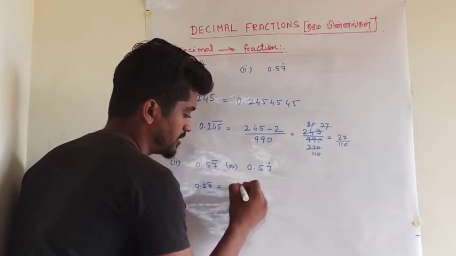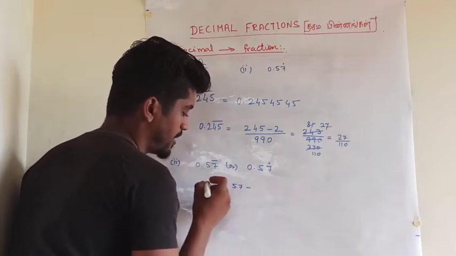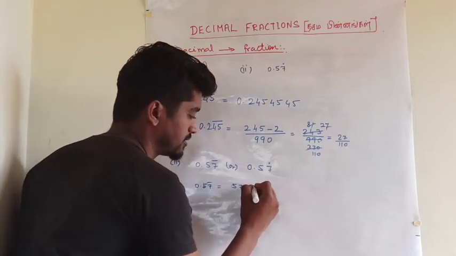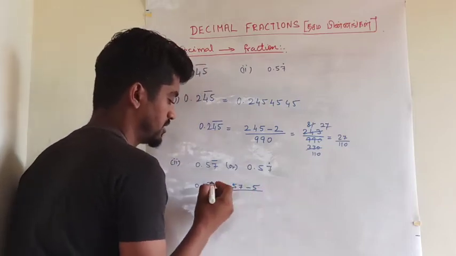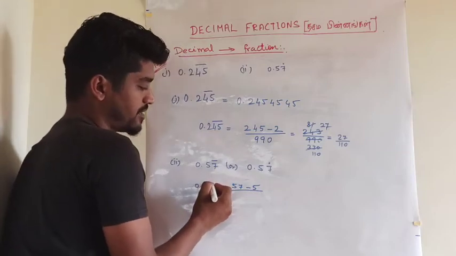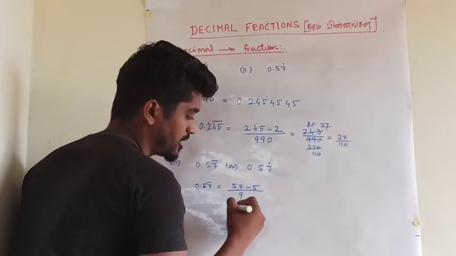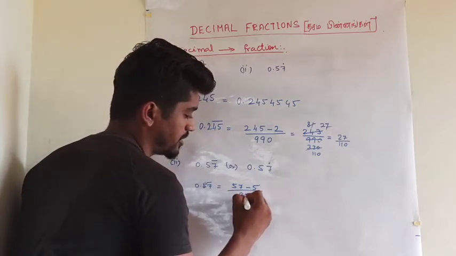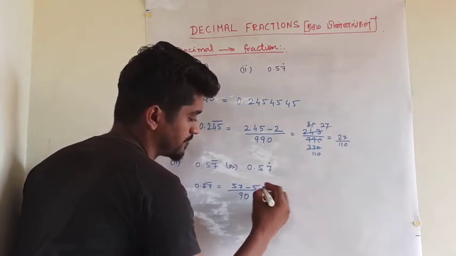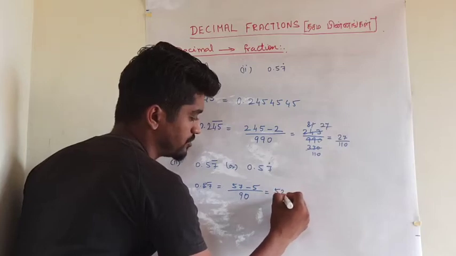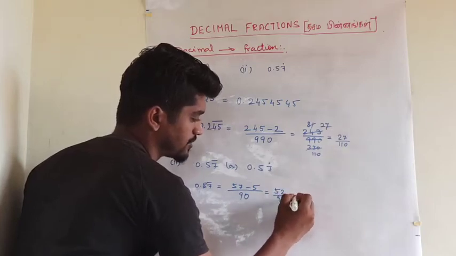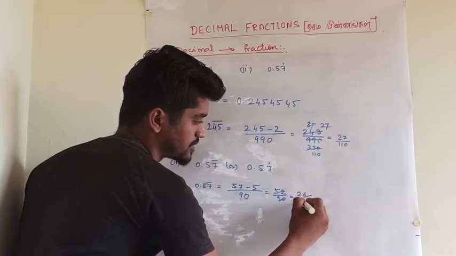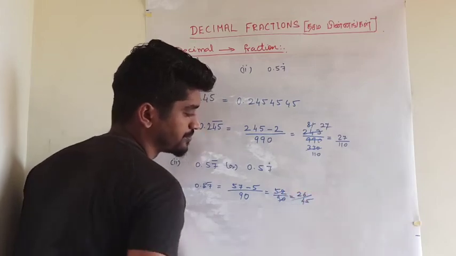We have to write this value, 57, minus the digit which is not repeated, 5, divided by, only one digit is repeated, so we write 1 time 9. Here 5 is not repeated, so we have to write 0. The value is 52 divided by 90. It can be simplified to 26 by 45.